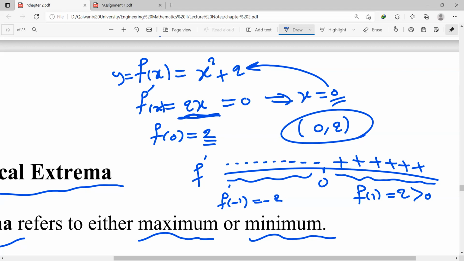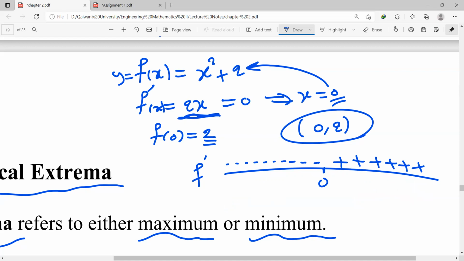That means if we pick any point in this interval, we get a negative value, for less than 0. And for bigger than 0, if we pick any point, the derivative of the function is positive. That means here it is decreasing, and in this interval it is increasing. So at 0, the function is at a minimum. If we just follow these arrows, as you see, this is a minimum.